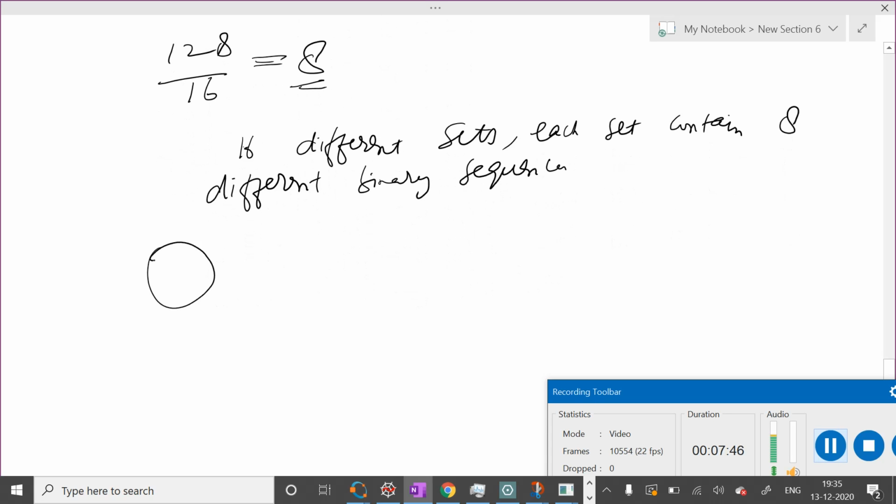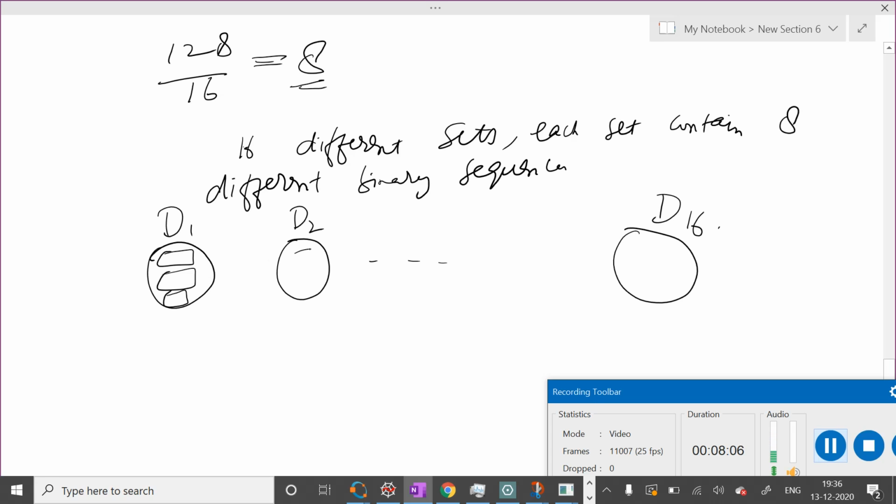So here will be D1, here will be D2, and here will be D16. In each of these there will be 8 different possible sequences. These will not necessarily be codes. They will be any 7-bit binary sequences. One of them will be a code, definitely.